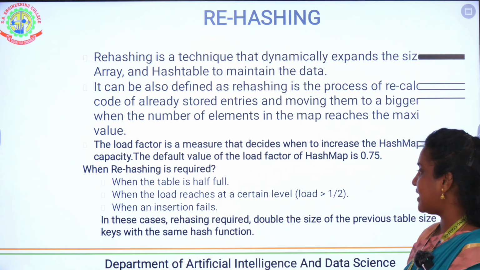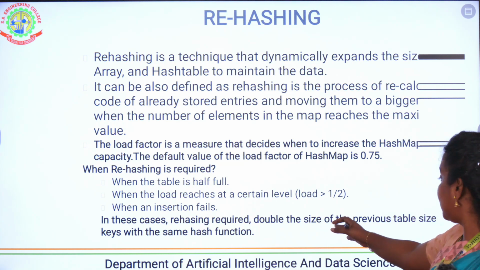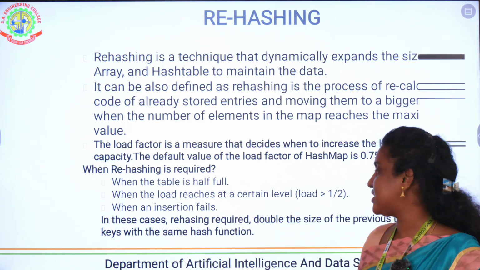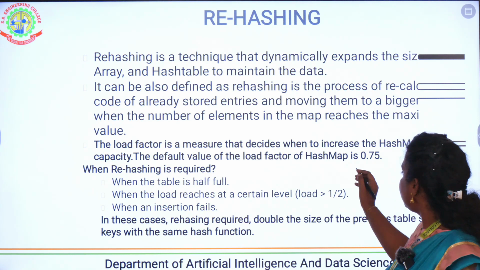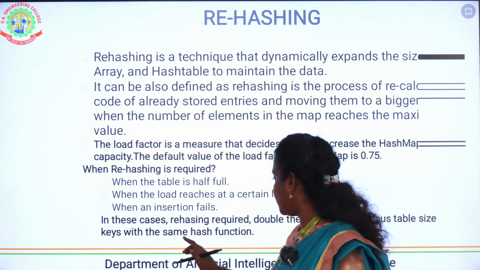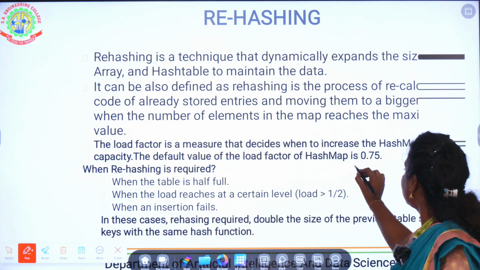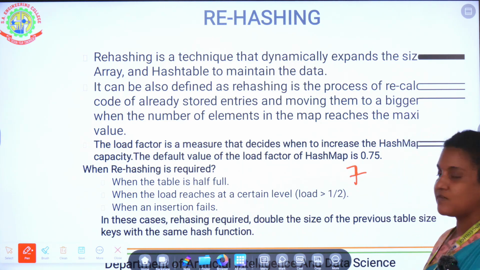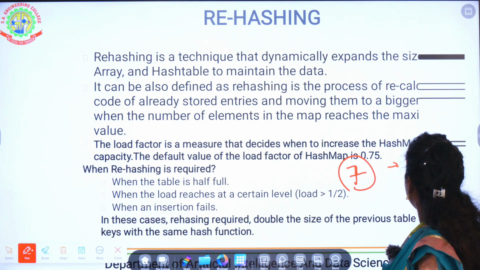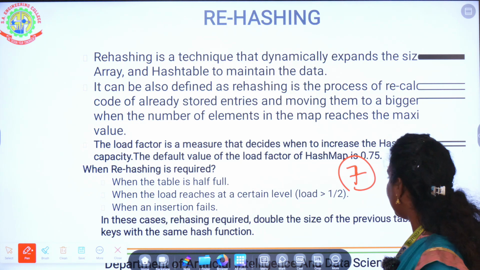So in this case, rehashing is required. Rehashing is nothing but doubling the size of the previous table, but with the same hash function. So suppose my table size is 7. My load factor reaches 0.75, or 75% of the table is filled.